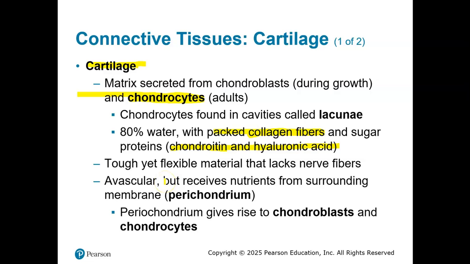Where do we find cartilage? It lines the ends of long bones that form the bones of your arms and legs. Cartilage is always avascular. Cartilage does not regenerate easily. When you damage cartilage, it's not easy for it to repair itself.